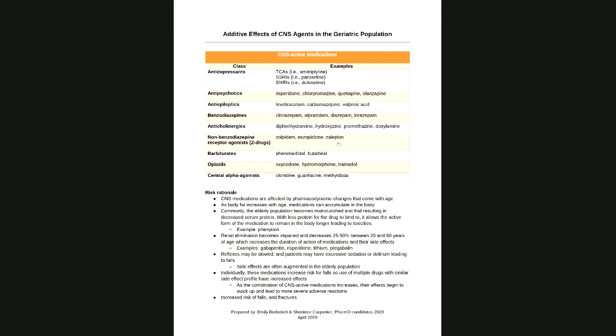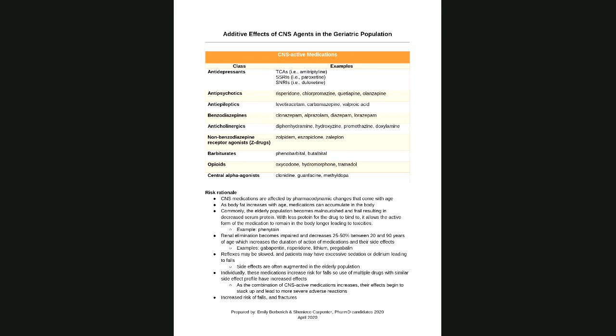Barbiturates, which are not as common, but you might see things like phenobarbital, and then butalbital is pretty common for migraine treatment. Opioids that you might see pretty commonly are oxycodone, hydromorphone, and tramadol. And then there are central alpha agonists such as clonidine, guanfacine, and methyldopa that are used for blood pressure.